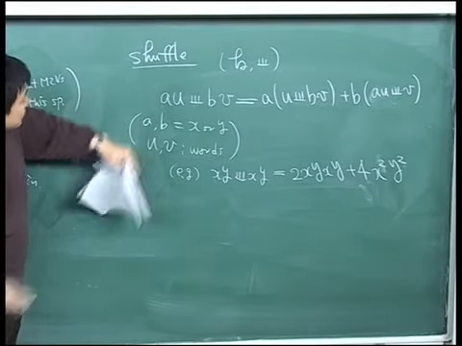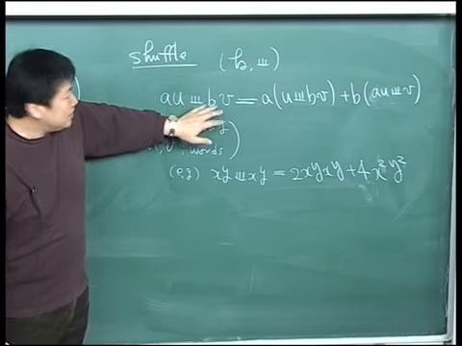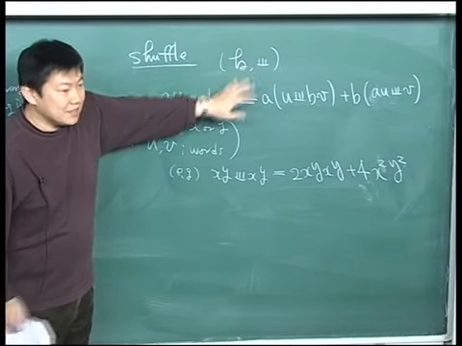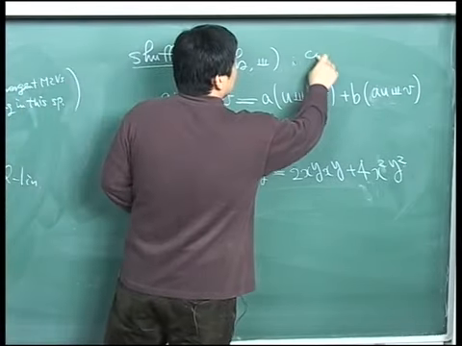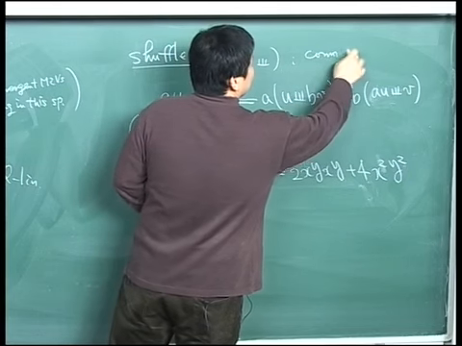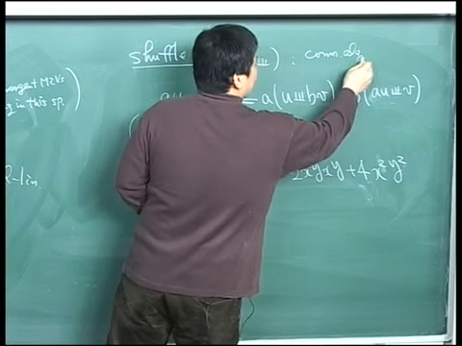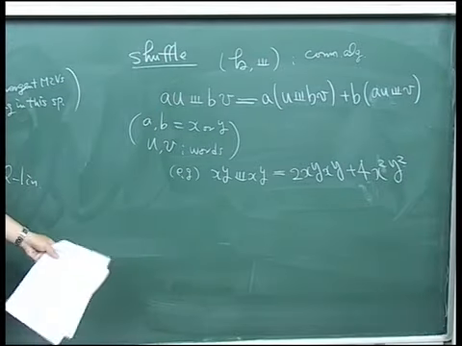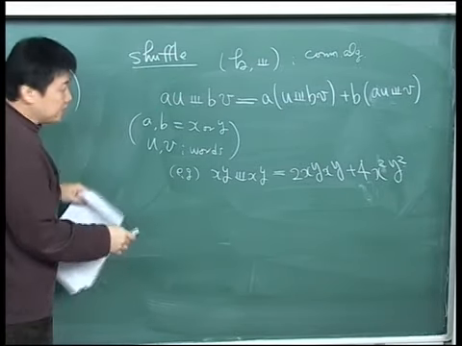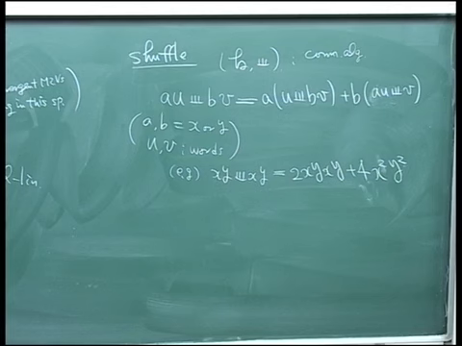This product defines the commutative algebra structure on the whole space H. So this becomes a commutative algebra. Actually, this product is compatible with the evaluation map.